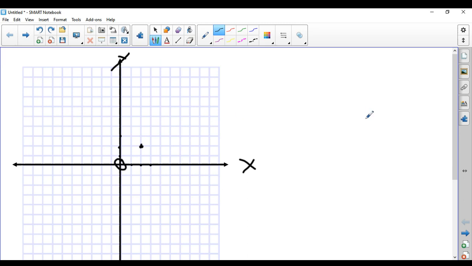I don't just go, oh, it's a little bit up and it's a little bit to the side. I can specifically say that it is 2 to the right and 2 up, meaning that my coordinates are 2, 2, 2 to the right, 2 up.